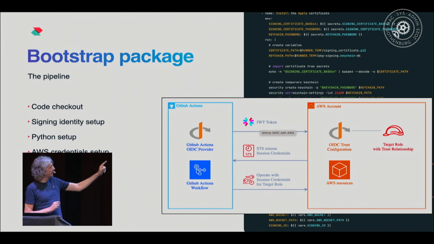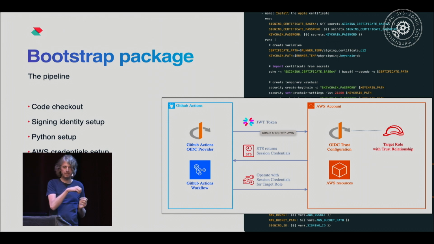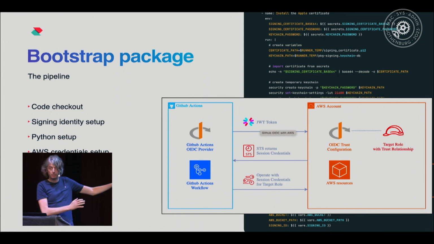And the nice thing is that the web identity policy can be configured to verify the claims in the JSON Web Token. So we can verify that it's the actual repository we're expecting, because you don't want to allow any token signed by GitHub to assume the role. You want only the tokens for your repository to assume the role.